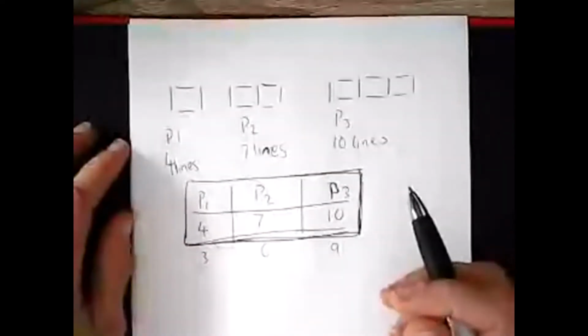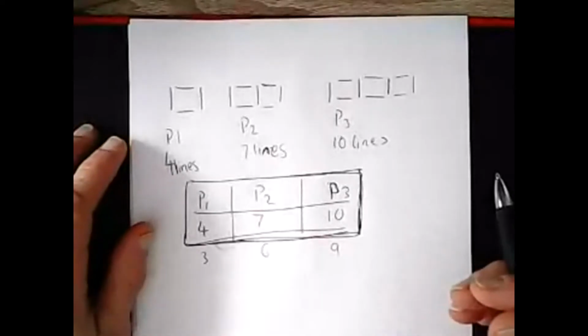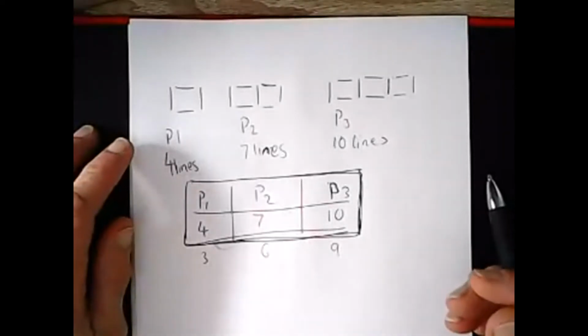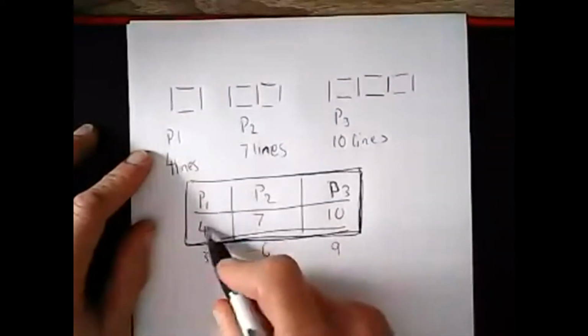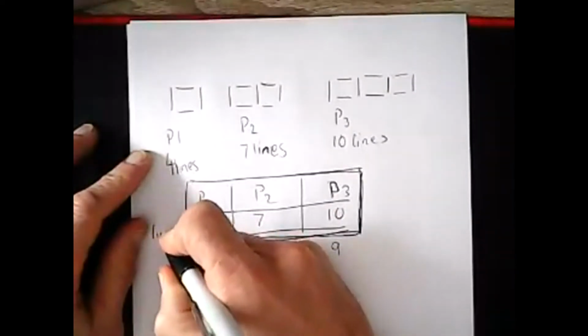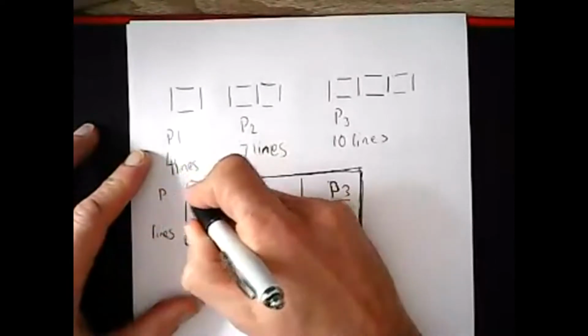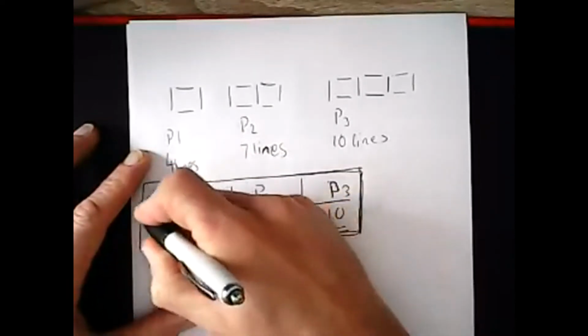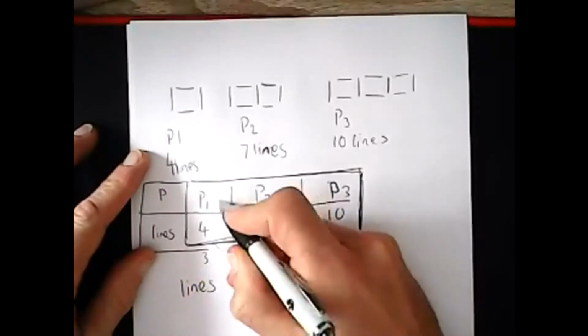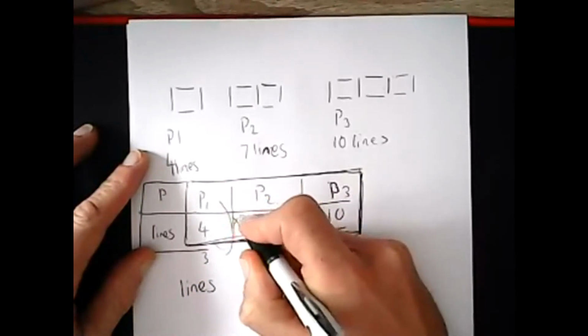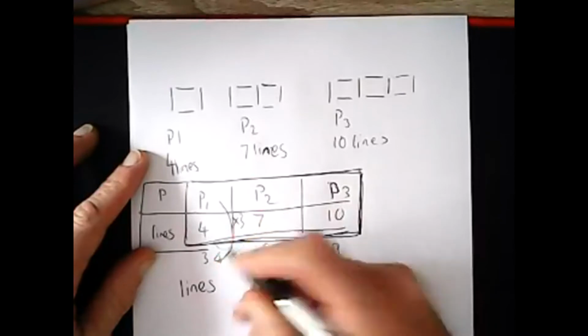So now we're going to take this further, because this is number patterns 2. We're going to look at getting a rule using this system here. Now this is the number of lines here. This is the pattern number, pattern. So to make the number of lines, we need to times by 3, because we're adding 3 on.